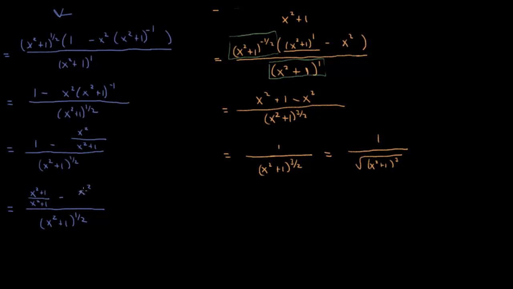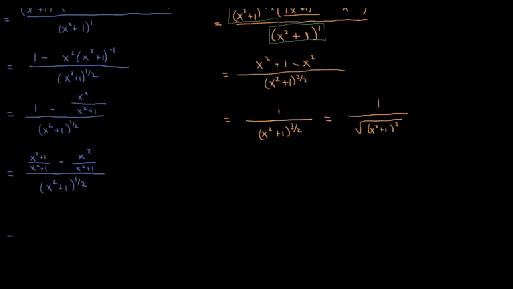Minus x squared over x squared plus 1. Now I have a common denominator. I can combine. And so I have x squared plus 1 minus x squared over x squared plus 1, over x squared plus 1 to the 1/2 power.